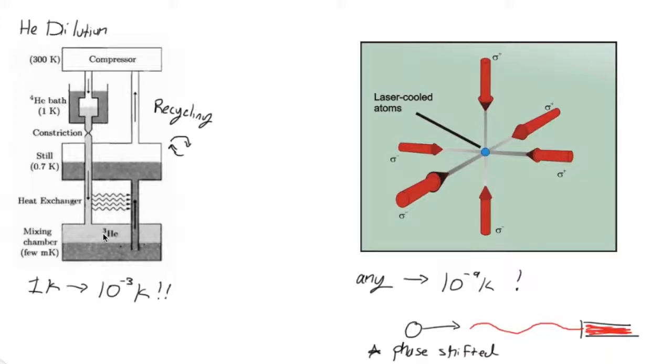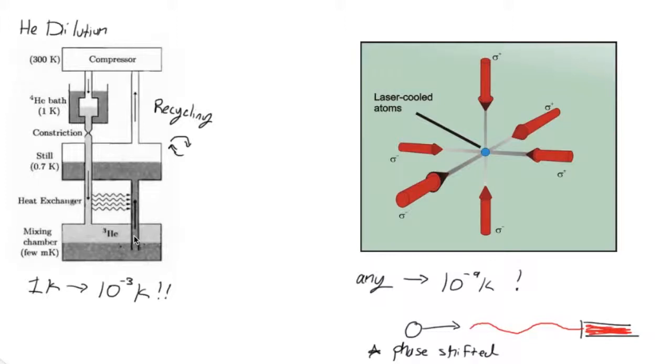The helium dilution refrigerator uses a mixture of two isotopes of helium, helium-3 and helium-4, where helium-3 is the light gray working substance, and helium-4 is the dark gray substance. It does not circulate. Helium-3 circulates.